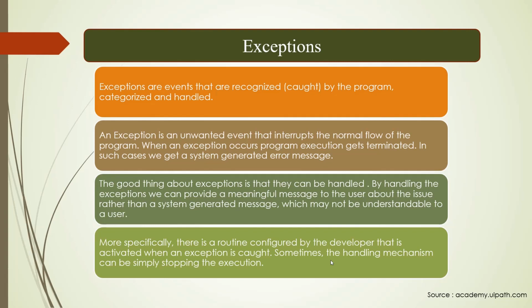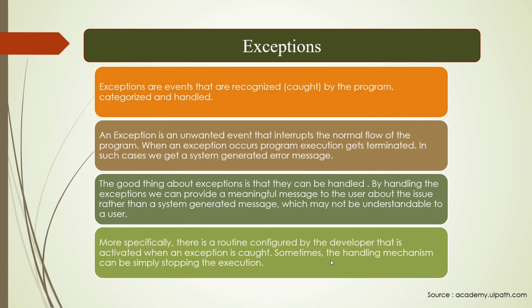Now, in the case of errors, we have seen that errors cannot be handled. A good part about exceptions, as I told, is that they can be handled. By handling the exception, what do I actually mean? I mean that we can provide a meaningful message to the user rather than a system generated message.